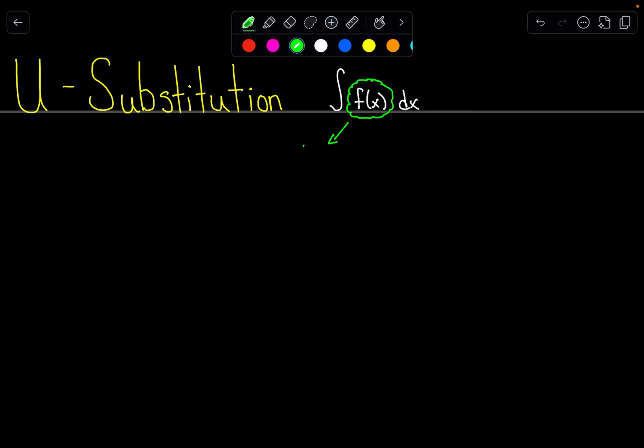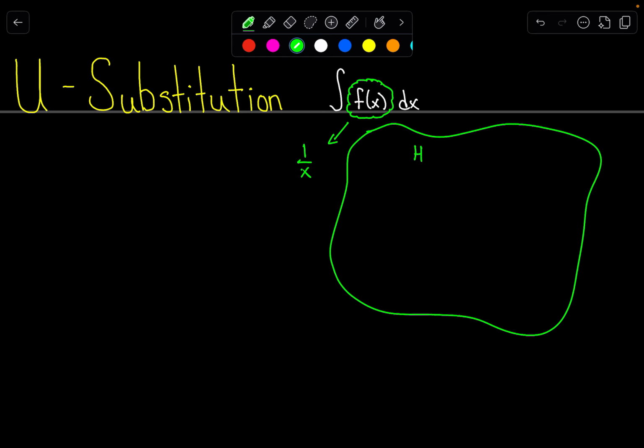If this is just 1 over x, then we know that the answer is the natural log of the absolute value of x plus c. But the problem is that there is a whole world of harder, more complicated functions.